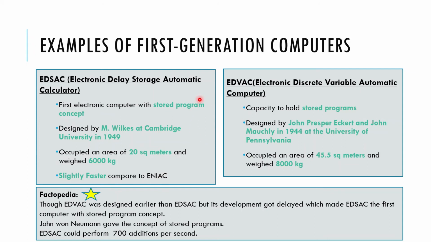Similarly, the points which you need to remember regarding EDVAC are: full form of EDVAC, Electronic Discrete Variable Automatic Computer. It also had the capacity to hold stored programs, who designed it, and how much area it used to occupy. So these are the important points which you need to remember regarding EDVAC.